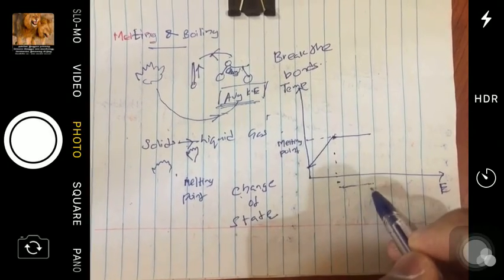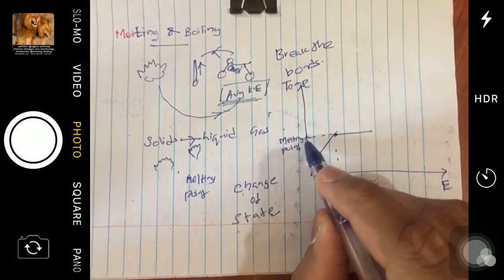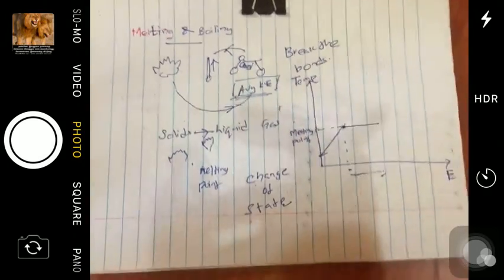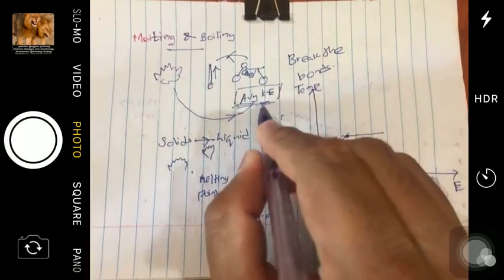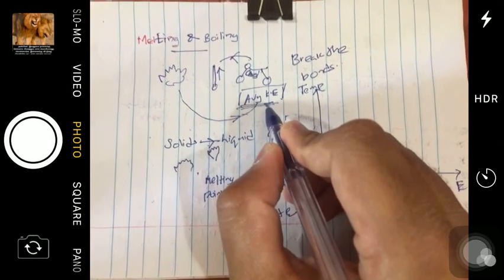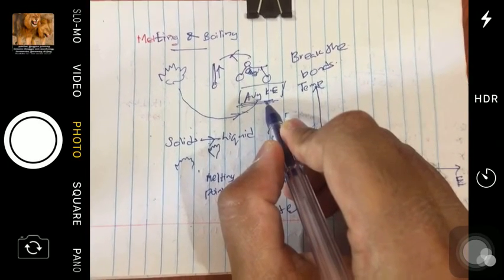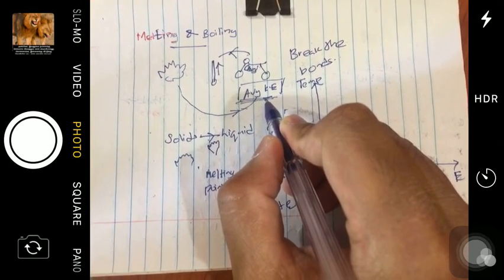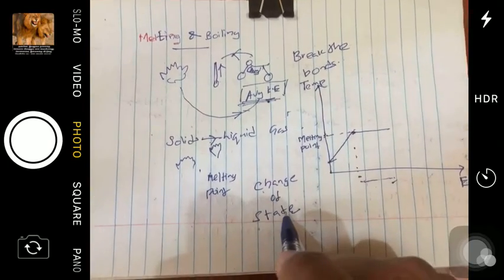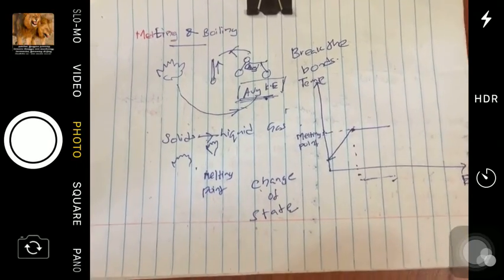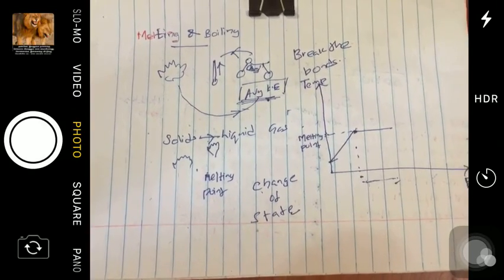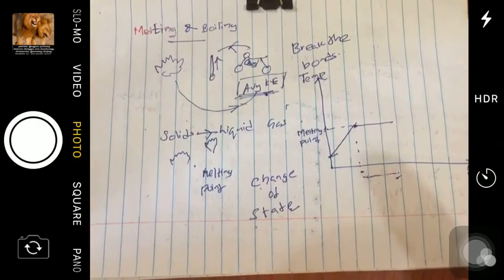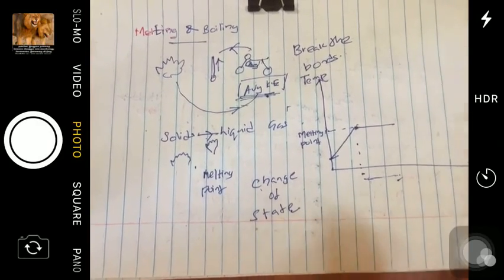The energy value is increasing, but the temperature would still remain at the melting point. Because for the temperature to change, the kinetic energy must be changed. But during a change of state, the energy you provide is not changed to kinetic energy, but is used to break the bonds, to break the attraction between the molecules.